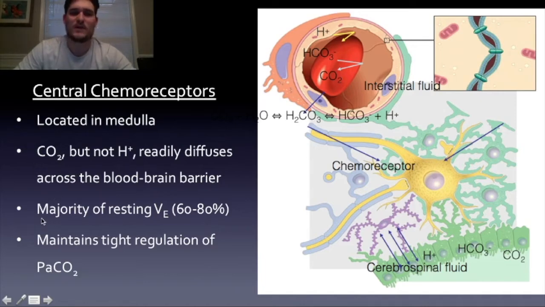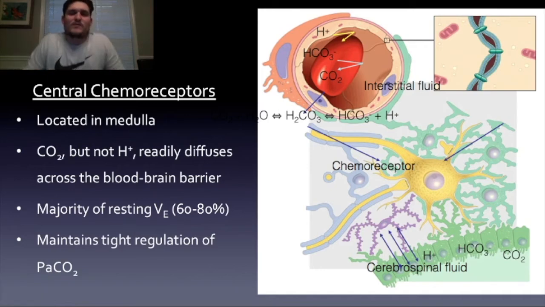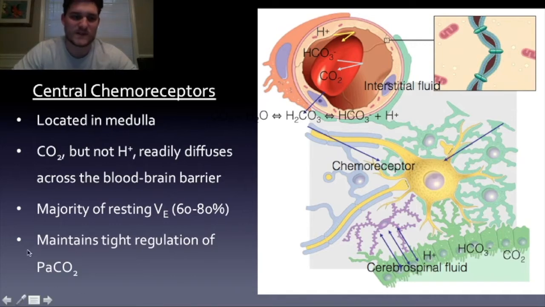They control the majority of resting ventilation, around 60 to 80 percent of the depth and rate of our breathing, which is going to come from the measurement of CO2. So it's really CO2 that drives our ventilation. You would think, oh no, it's oxygen. That's what we're really picking up on, and to a certain extent, yes, absolutely. But it's really going to be measuring these levels of arterial CO2 that are then going to send signals to the brain.